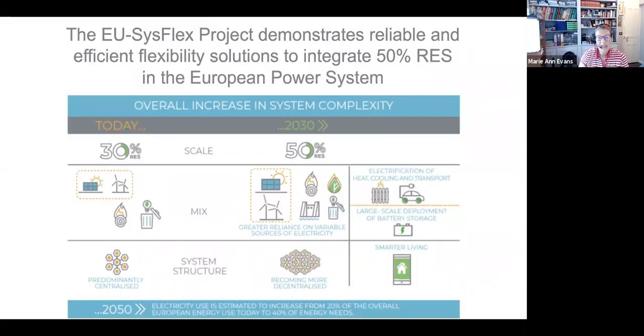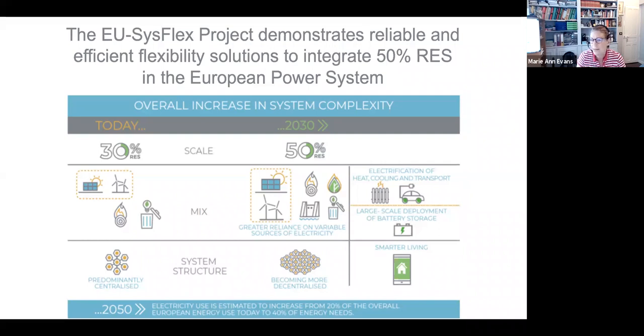Next slide, please. So the context and the concept of the EU-SysFlex project. We study the overall increase in system complexity when we progress towards more renewable energy, from 30% to up to 50% and more.